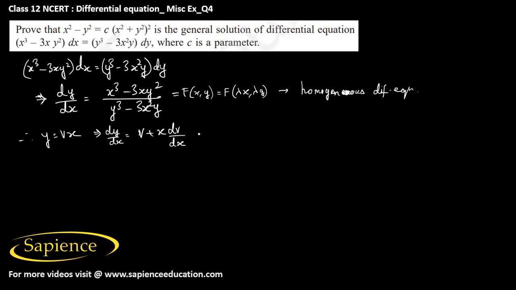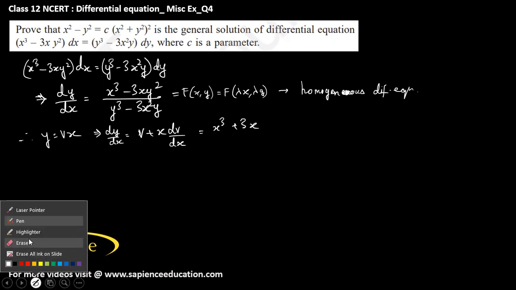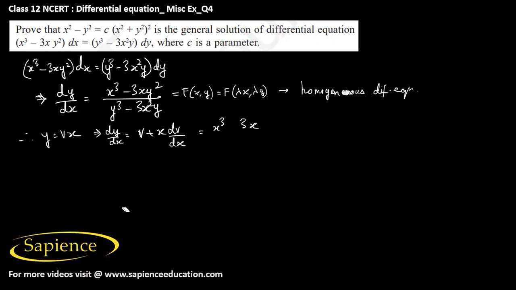Okay. So that will be equal to, sorry, this will be (x³ − 3x(vx)²) divided by ((vx)³ − 3x²(vx)).